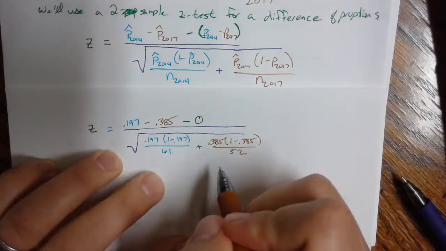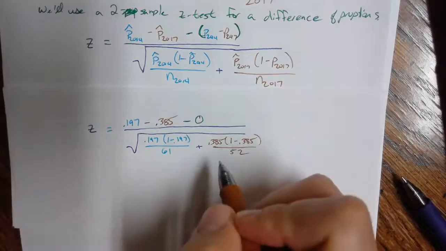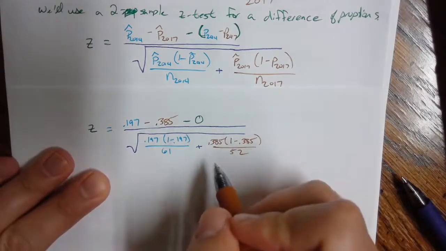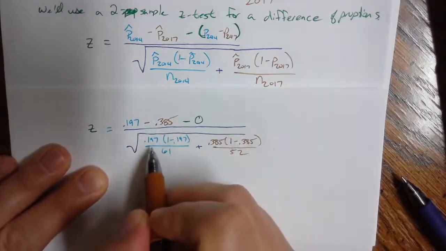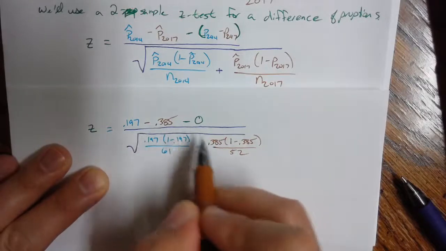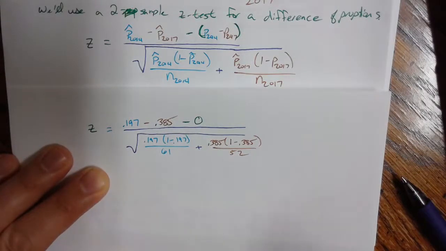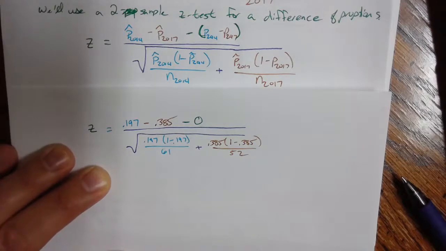The non-pooled works perfectly fine. Again, I prefer this. I think students prefer this because of the repetition of the same statistics. As far as the results, you're not going to get a different number. The pooled version of the z-score and the non-pooled version of the z-score are typically going to be within 100th or even a 1,000th of a decimal. So you're not going to get a different result by pooling or unpooling. It's kind of an option that you get to choose.